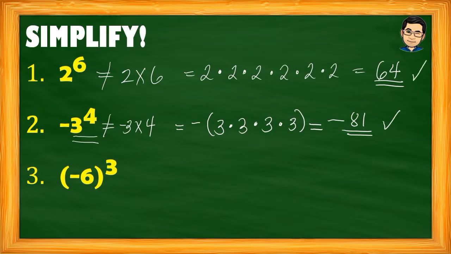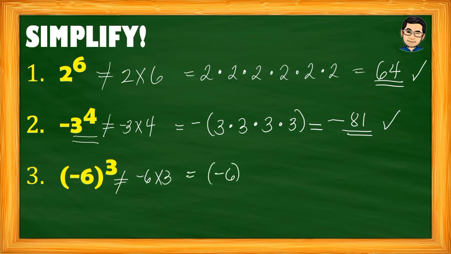Tingnan natin yung difference niya with number 3. Nagkakaroon kasi ng confusions dito. So, let's have number 3. The quantity of negative 6 raised to 3, or the quantity of negative 6 cube. Hindi po siya equal sa negative 6 times 3. Bagkos, ganito po siya.